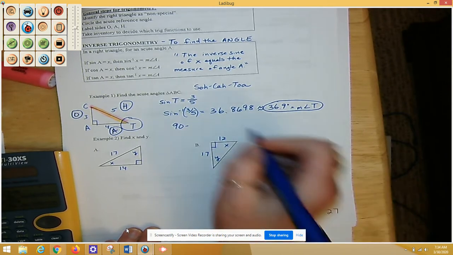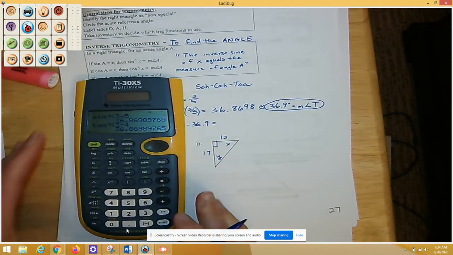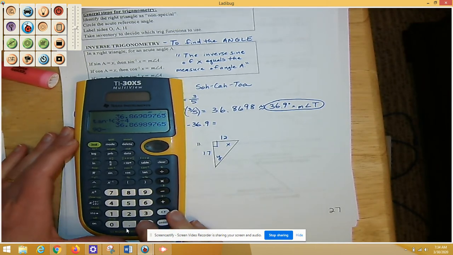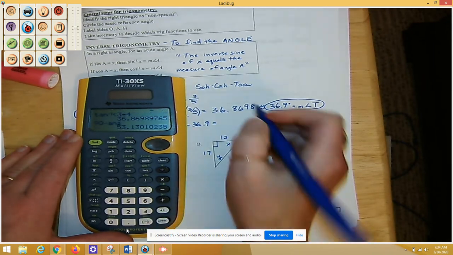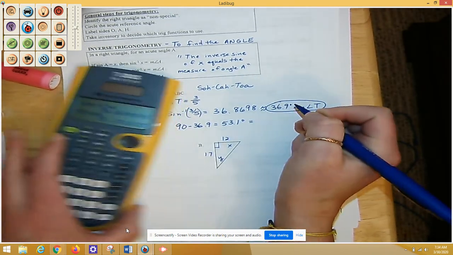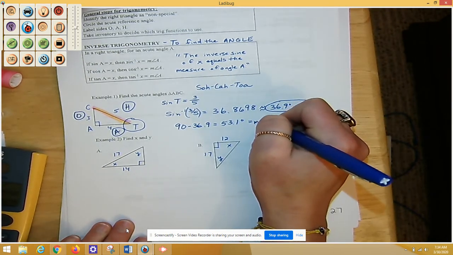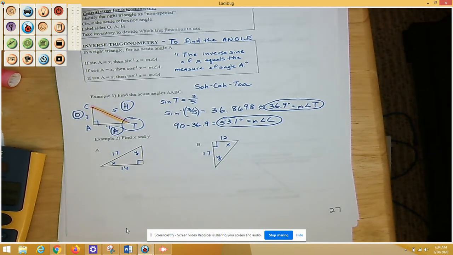So you can do 90 minus 36.9 to get the other acute angle. So I can do 90 minus, and actually I can do answer. So second negative, and that'll give me the 53.1 degrees. Now that's a rounded number. And that's the measure of angle C. So in my opinion, it's a lot quicker just to do 90 minus the acute angle.